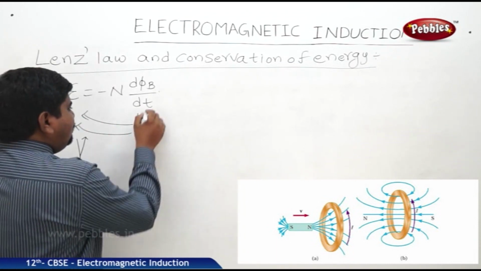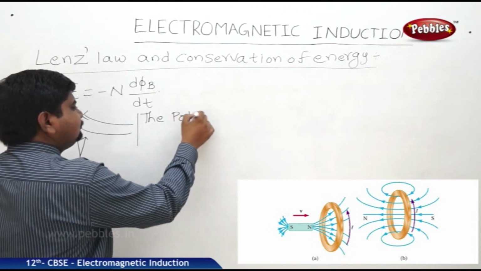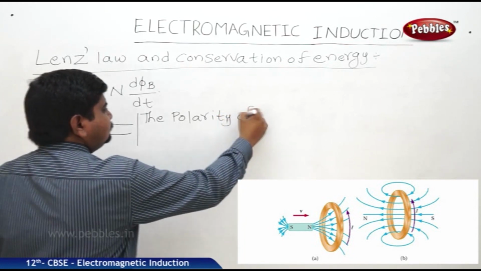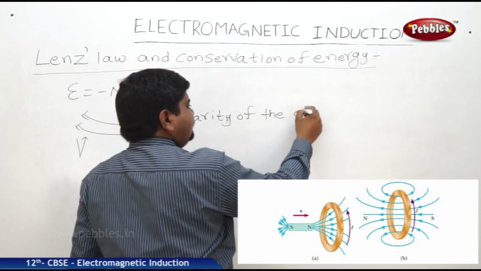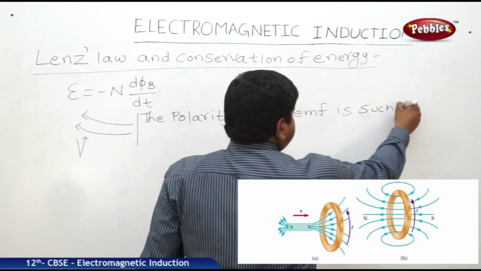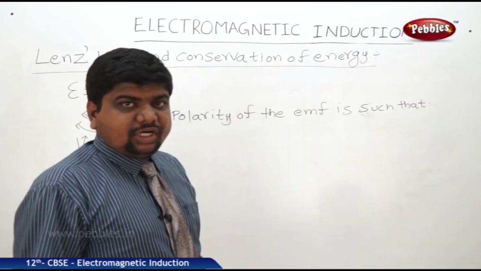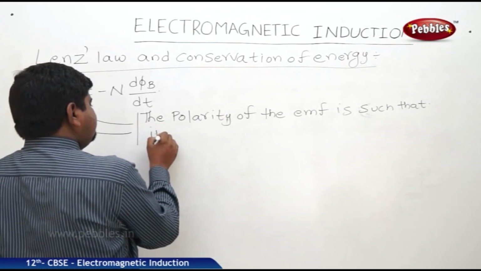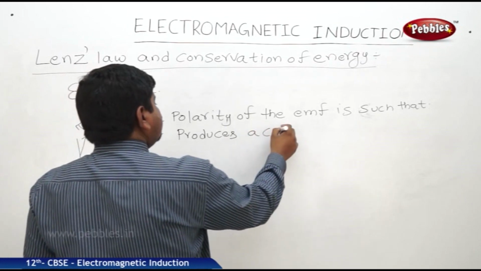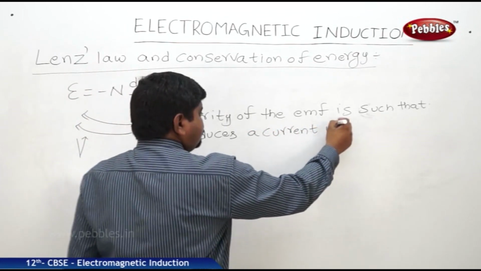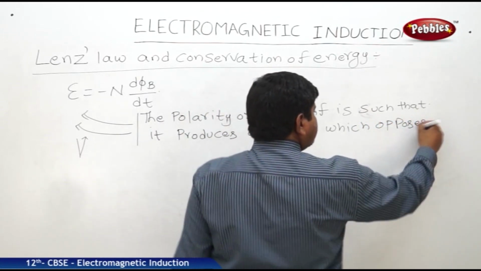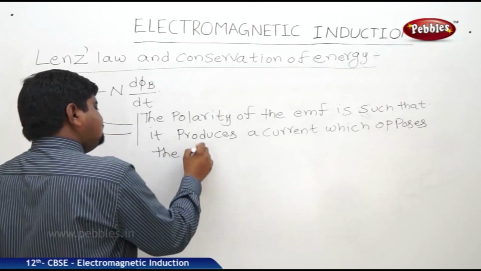That means the polarity of the EMF is such that it produces a current which opposes the change in magnetic flux.